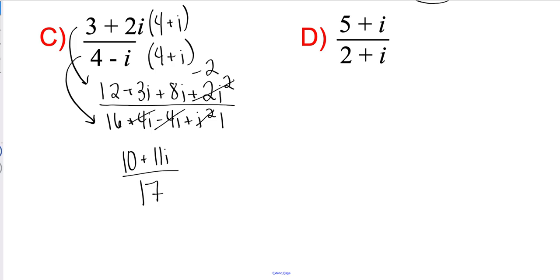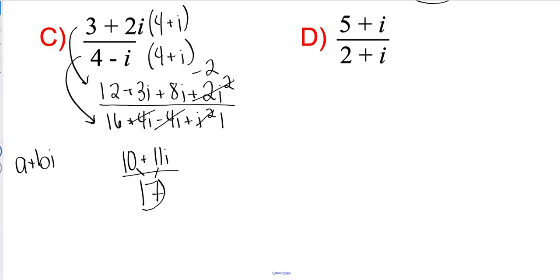All right, so now this one is not actually done because I have to have this in standard form, okay? This does not look like that, right? This is just a plus bi, not a plus bi over something. So what we have to do is split this. We can simplify this a little bit more by splitting the fraction up.